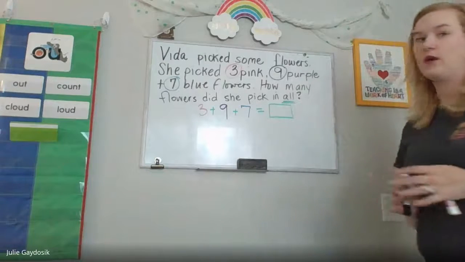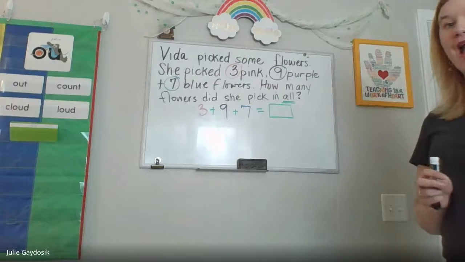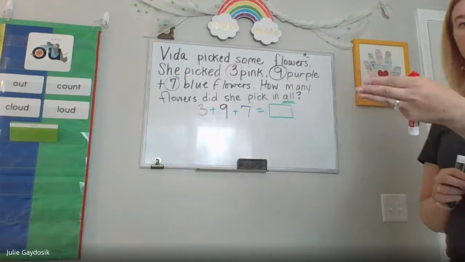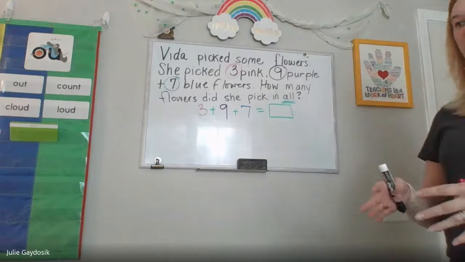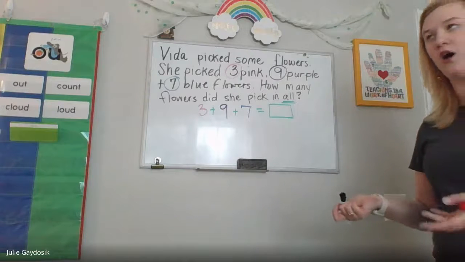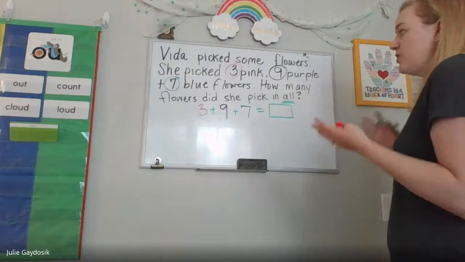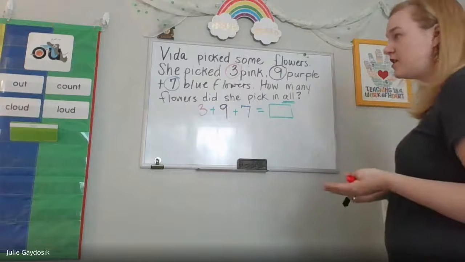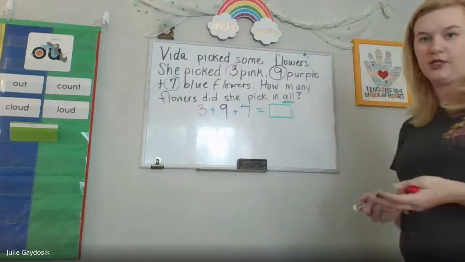So I don't know if you remember when we were adding 3 numbers together, there's different strategies you can use in order to make the problem easier to solve. So like, what 2 numbers would you add together first to make the problem easier to solve?